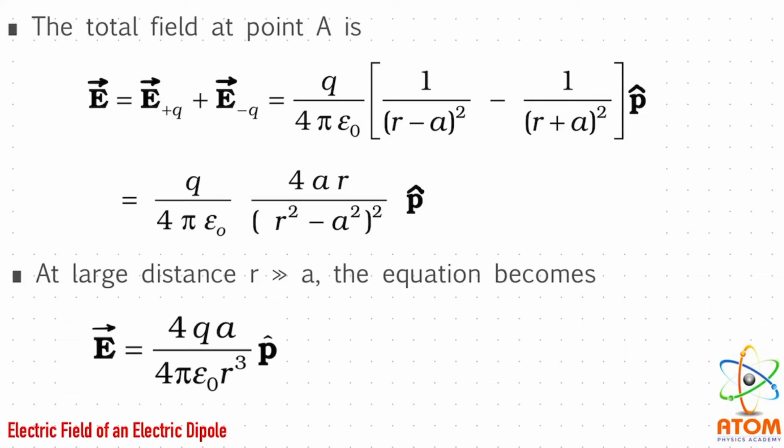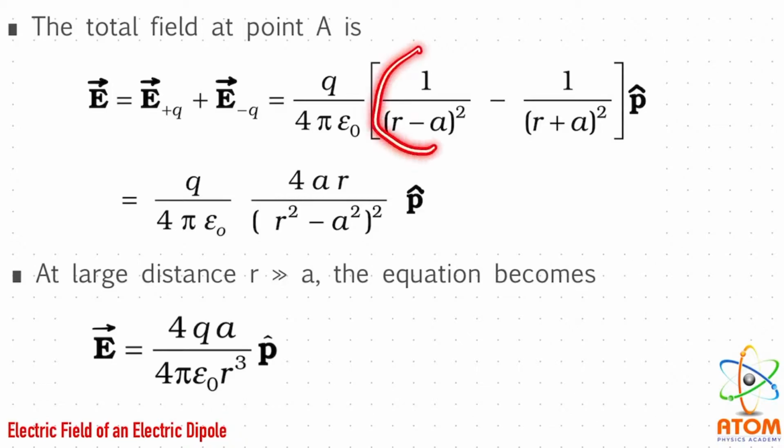So the total electric field at point A on the axis will be E equals E positive q plus E negative q. Here you can take out q upon 4 pi epsilon 0 as common. The remaining term will be 1 upon (r minus a) whole square minus 1 upon (r plus a) whole square, p cap.